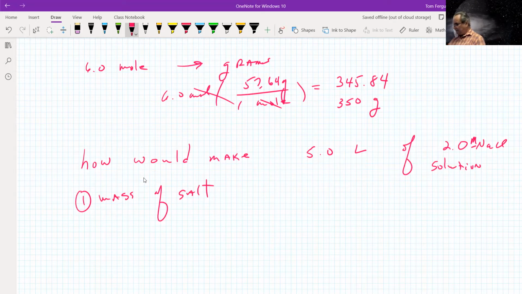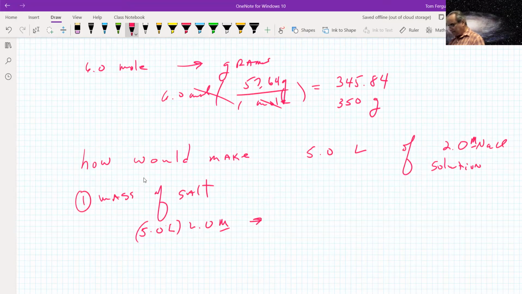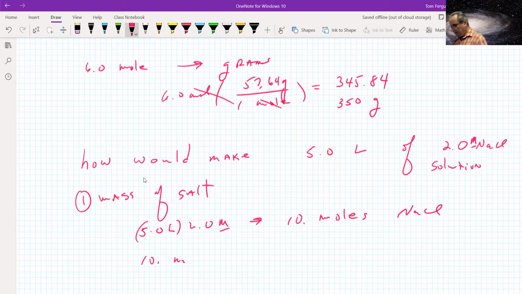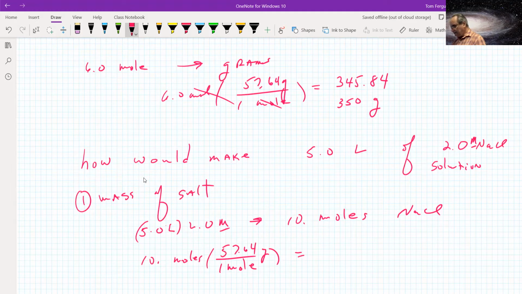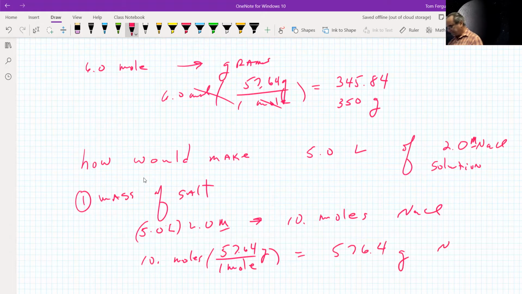We do that by what we just did: 5 liters times 2 molar gives us the moles of sodium chloride, times the molar mass gives us 576.4 grams. And sig fig wise, that would be 580.